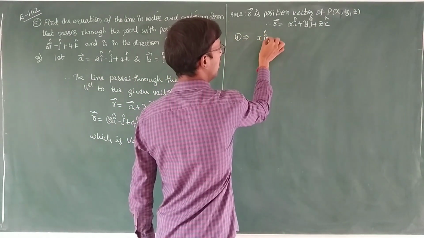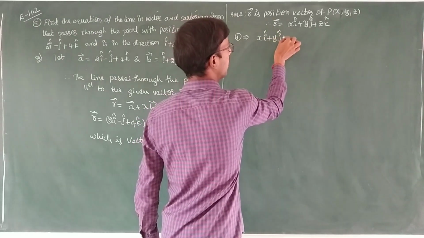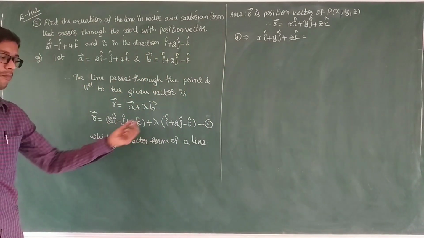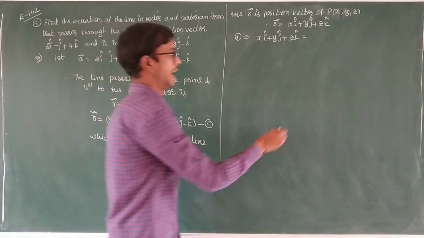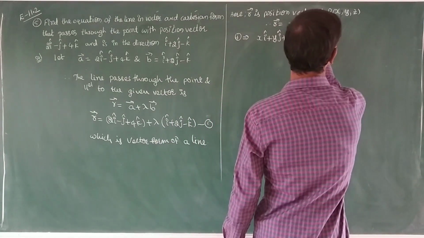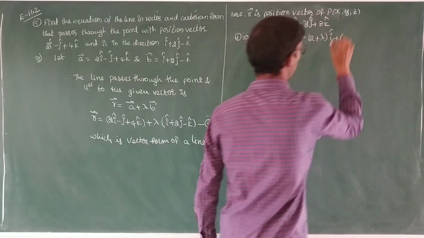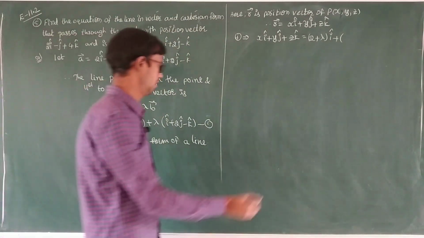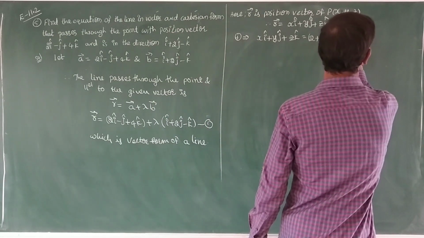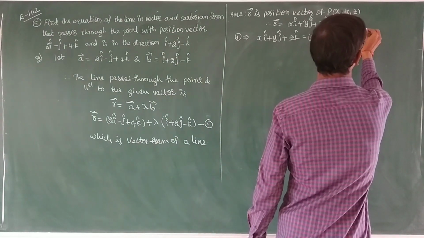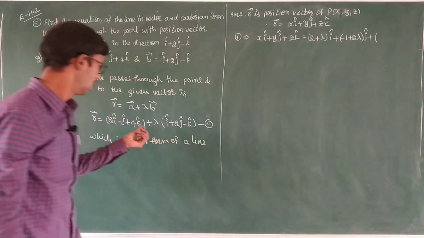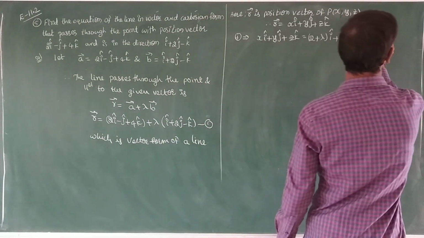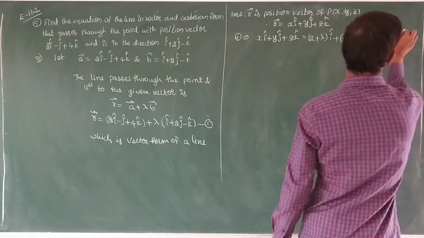x i cap plus y j cap plus z k cap is equal to i cap taking common, (2 plus lambda) i cap, plus minus 1 plus 2 lambda j cap, plus k cap, 4 minus lambda, k cap.